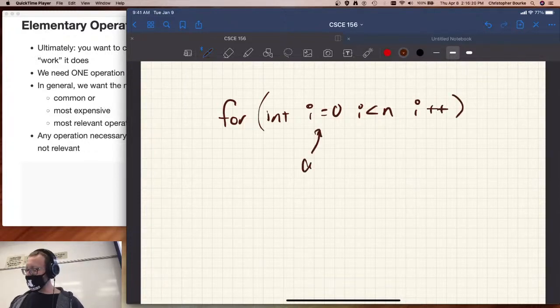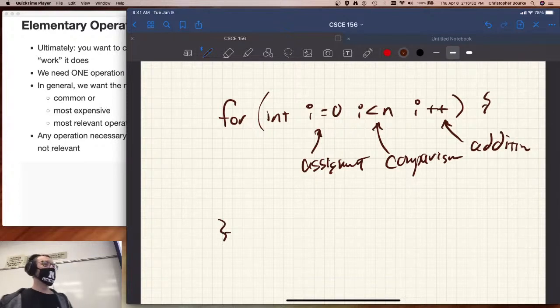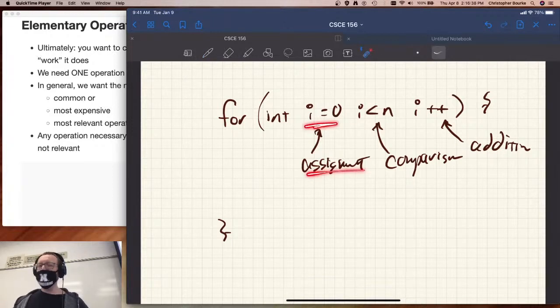There's an assignment. Right? There's a comparison. There's an addition. Are any of those relevant? Well, first of all, what about the assignment here? Is that really relevant? That just happens once at the beginning of the loop, right?